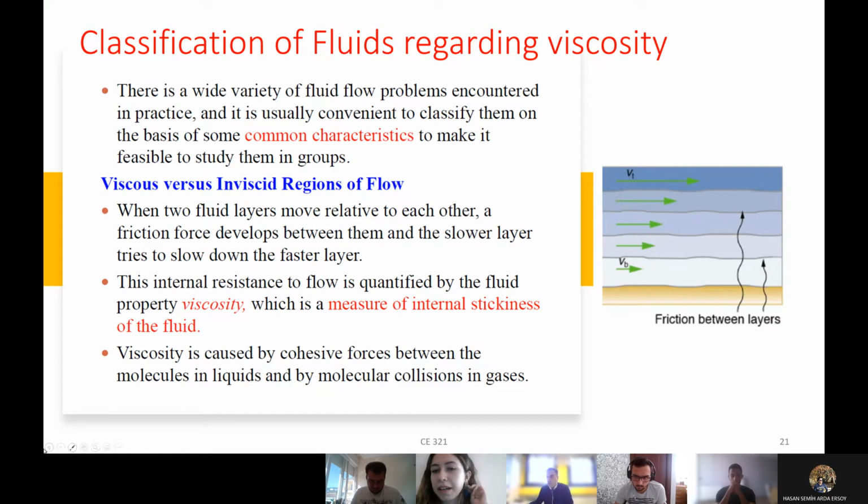The bottom layer and the parts touching the wall are the viscosity dominant regions. For example, here it is really viscosity dominant, but maybe here we can 100% ignore the viscosity effect.